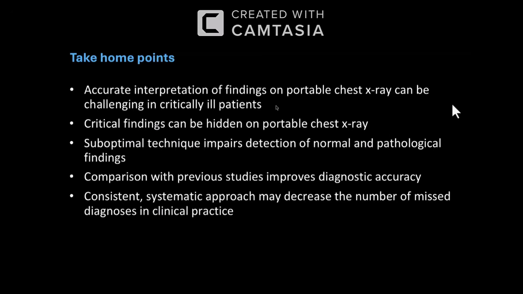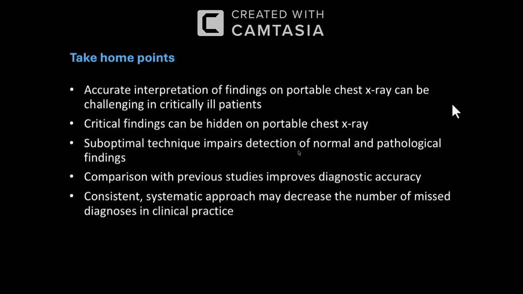Accurate interpretation of findings on portable chest X-rays is very challenging, especially in critically ill patients. Critical findings can be hidden on a portable chest X-ray, so you have to look at all those hidden areas to get the diagnosis.